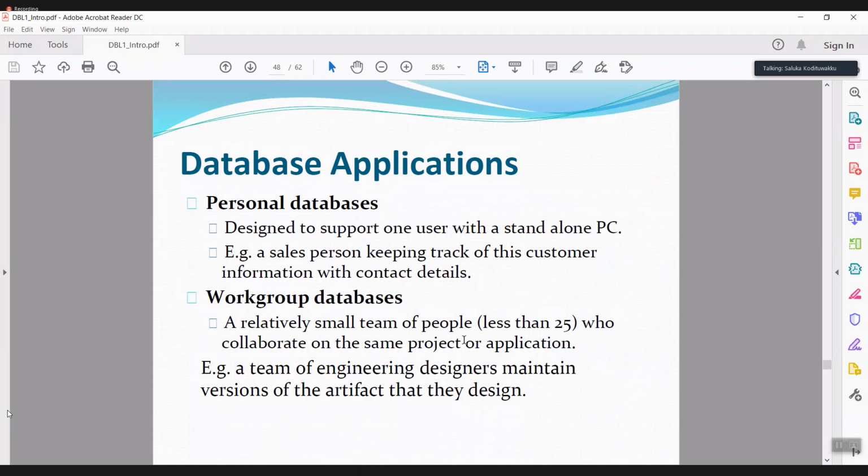Now, I hope all of you use digital devices. Can you tell me an example of your own personal database you are using? Calendar application in PC. Yes, okay.